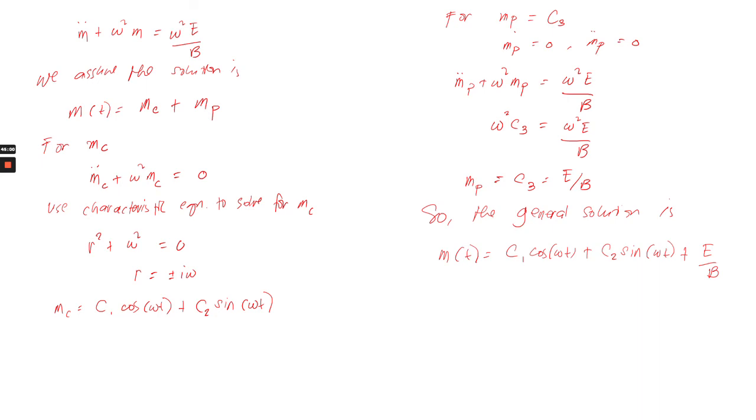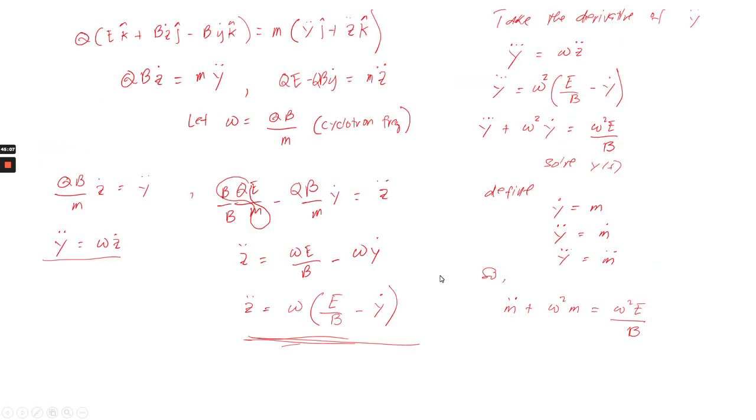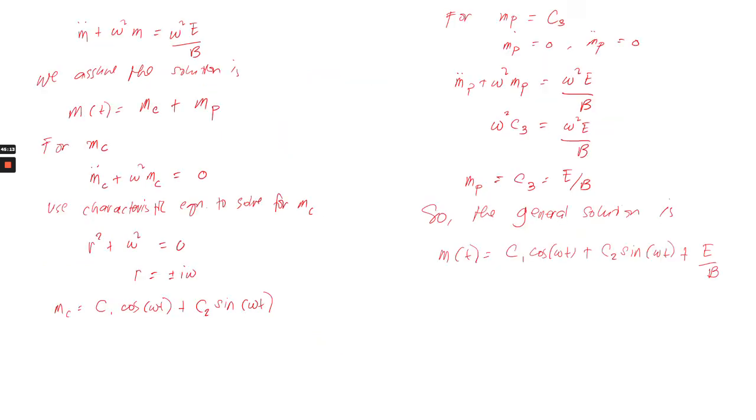Take note that this M is not yet the original solution. That's why we transformed. Take note that M is just y dot. So this is y dot, but we want y of t. To do that, we convert this one.